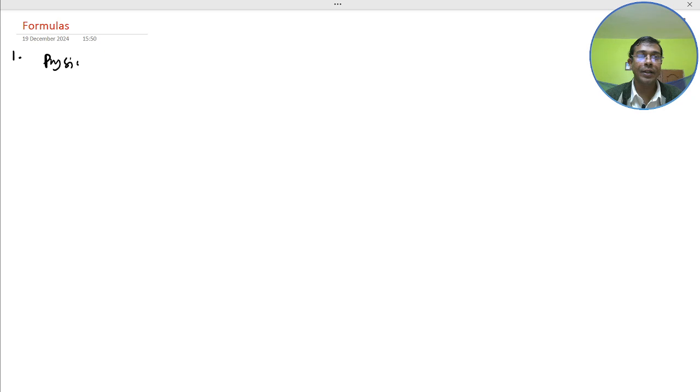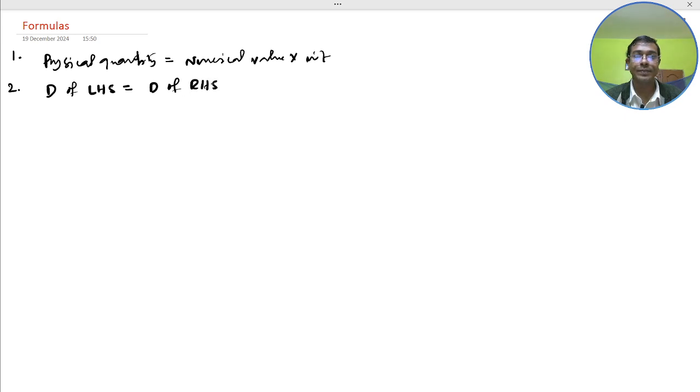Physical quantity is equal to numerical value into unit. Second one is the homogeneity principle. It says that the dimension of LHS is equal to the dimension of the right hand side.